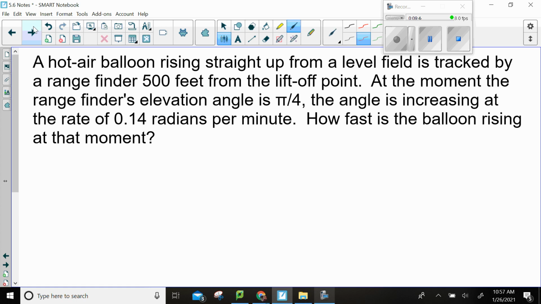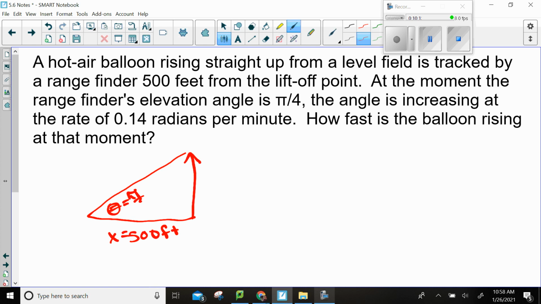Last but not least, we have a hot air balloon rising straight up from a level field, tracked by a rangefinder. This is 500 feet, and I usually like to call this X, from the liftoff point. At the moment, the rangefinder's angle, so we're looking at an angle here, that's supposed to be theta, is pi over 4.